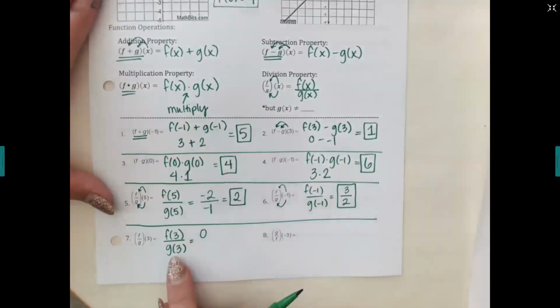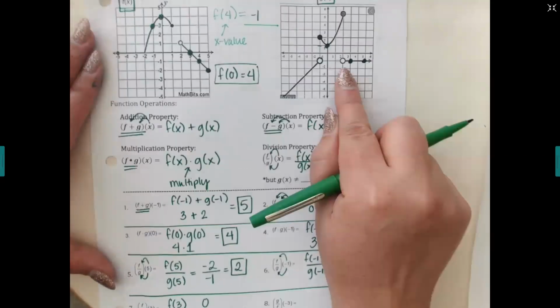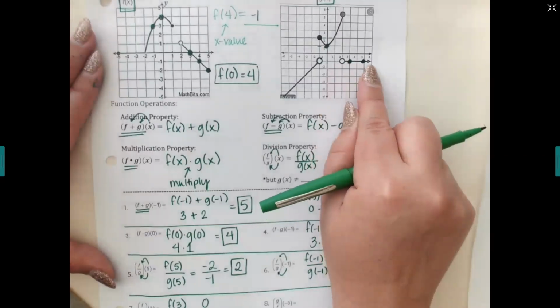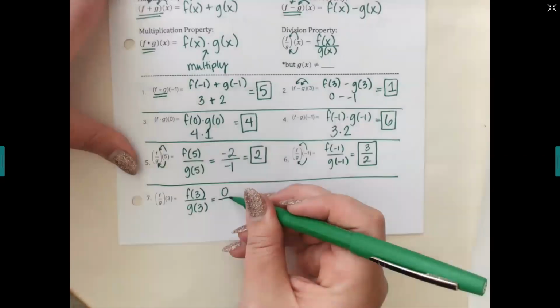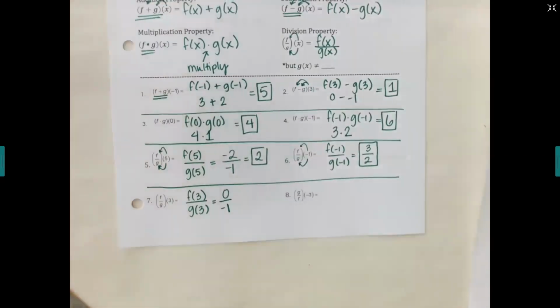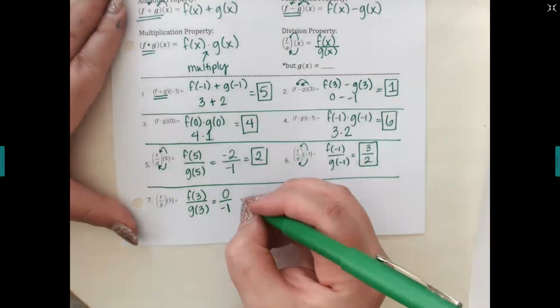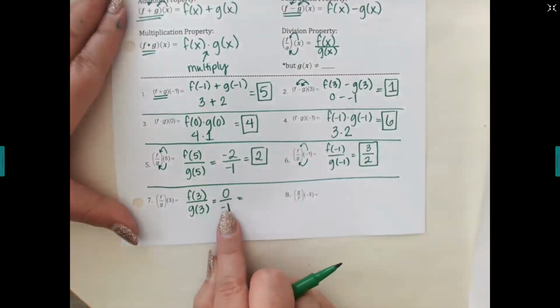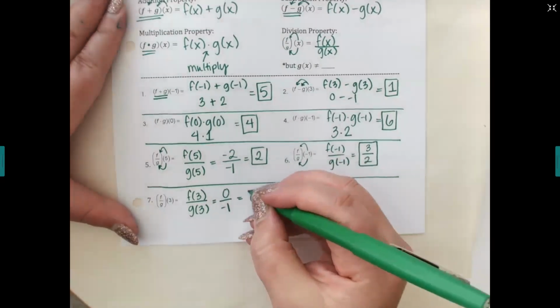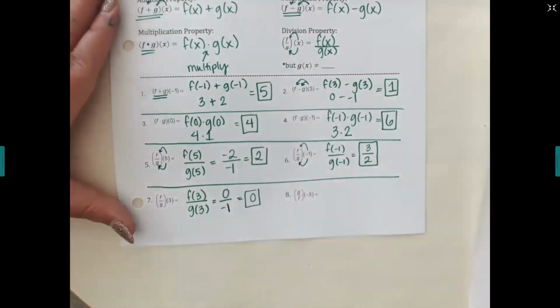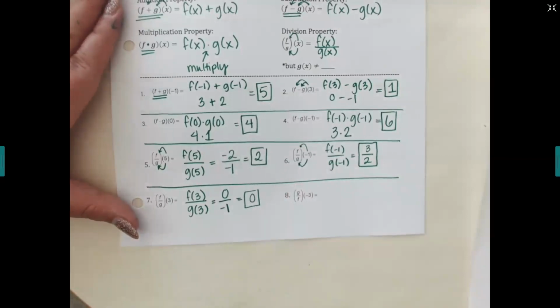And then if I look at my graph of g at 3, hopefully you can see we're on that flat step here. The y value is -1. Okay, now when you are dividing 0 by -1, put it in the calculator. 0 divided by anything is 0. Okay, where you cannot have 0 is on the bottom. So let's look at the next question.